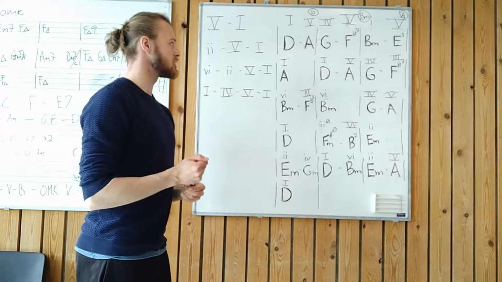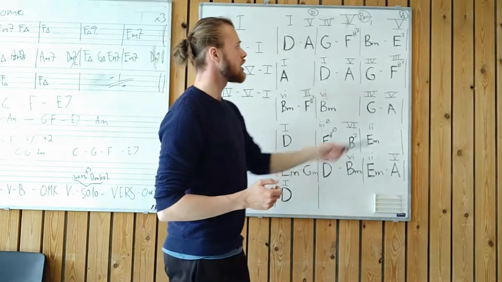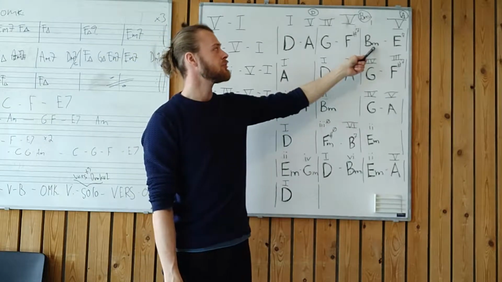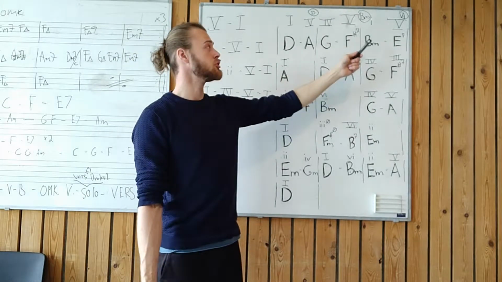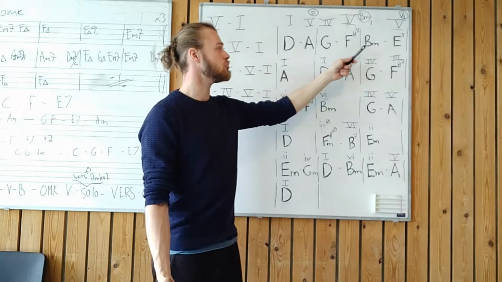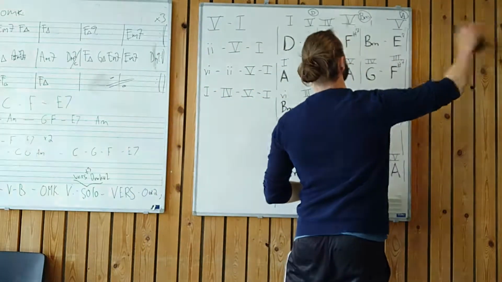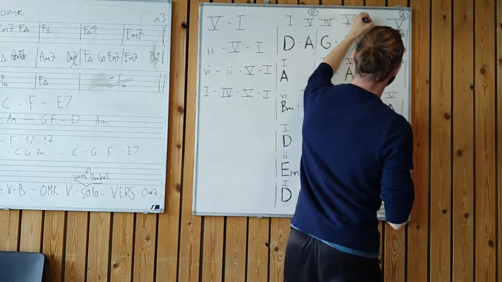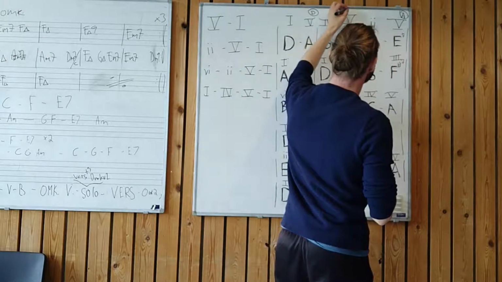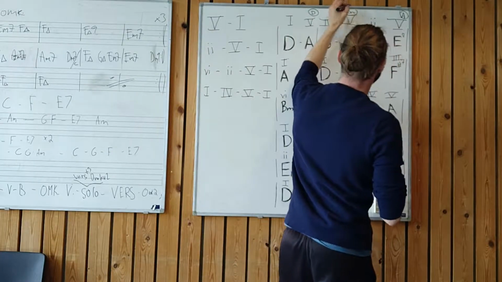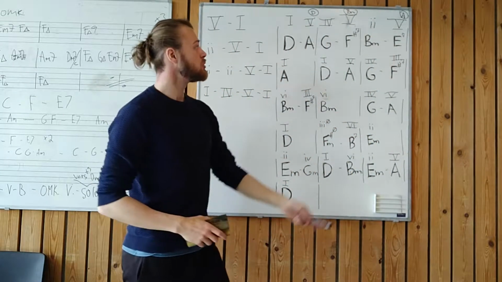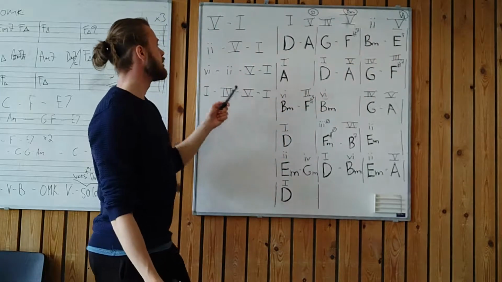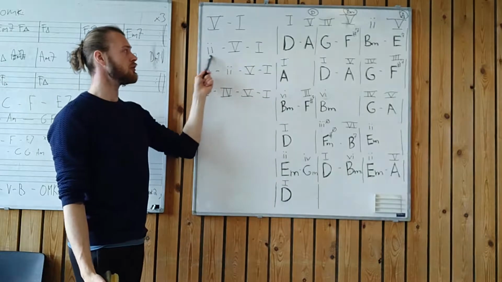An example would be that we've got a 5-1 in A major, but B minor in A major is actually a 2, so this could also be viewed as a 2-5-1 in A major, which is this progression, a 2-5-1.